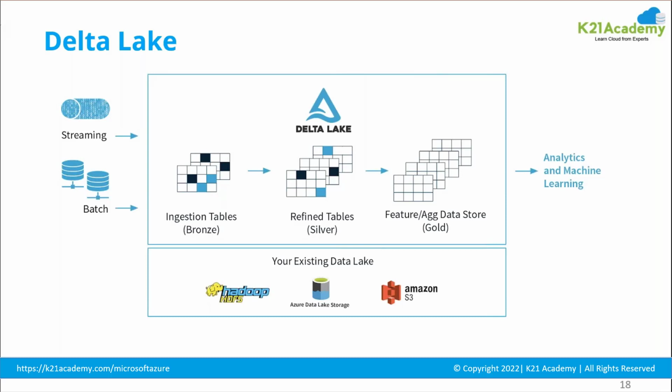Lab number one was certainly in that direction. It told you to do stream and batch in a single pipeline and take it through levels of refinement from bronze to silver to gold. And then the gold will eventually contain your business aggregates on which you want to report. You saw this entire system, the Delta Lake architecture.